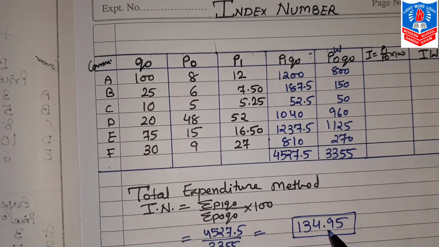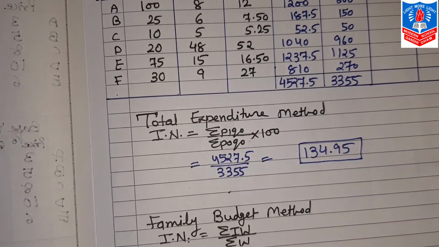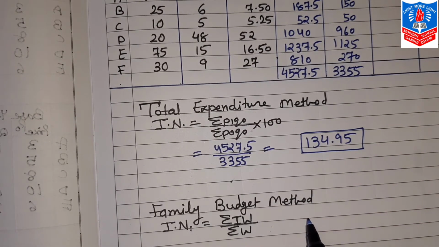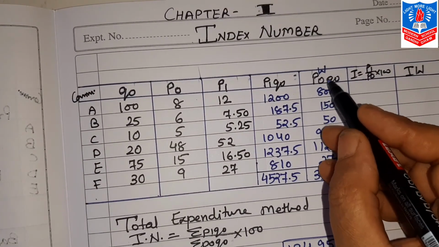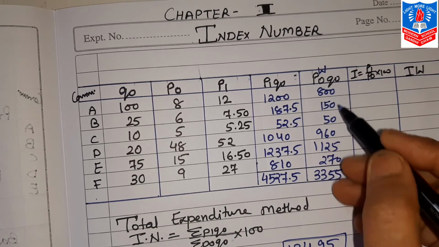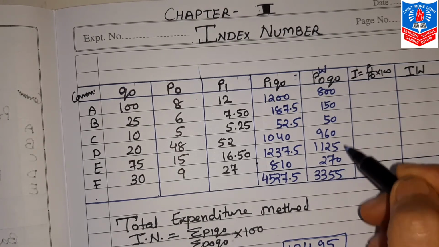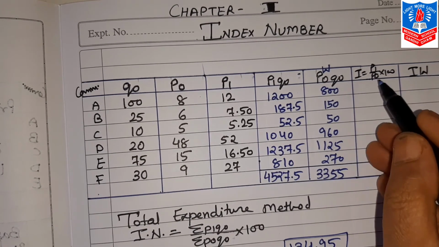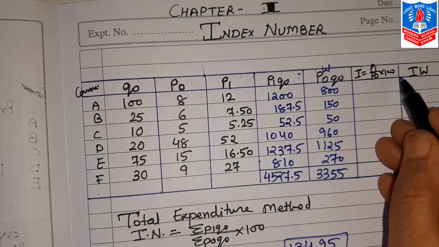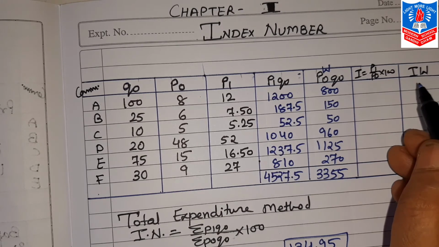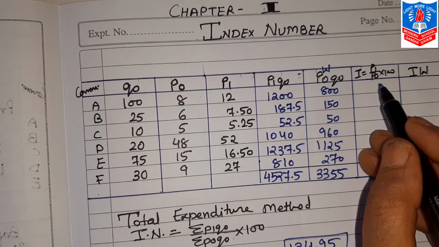Now we will go for the next, that is family budget method. For that we want sigma IW upon sigma W. Now W is already P0 Q0, it is that same only, so no need of doing it again. But of course I we will find, which is P1 by P0 into 100. Simple formula for index number, that only we will use.